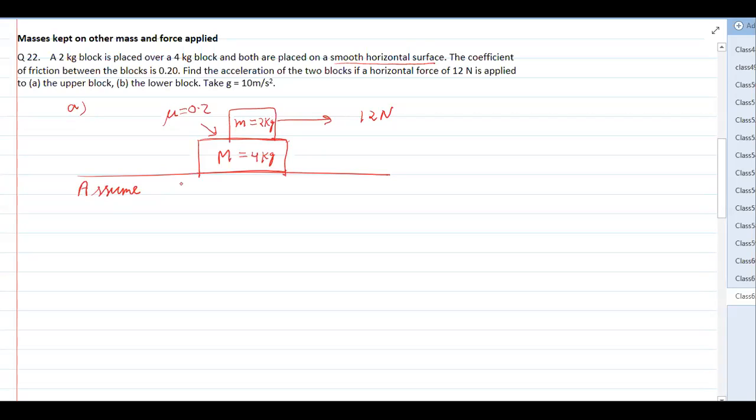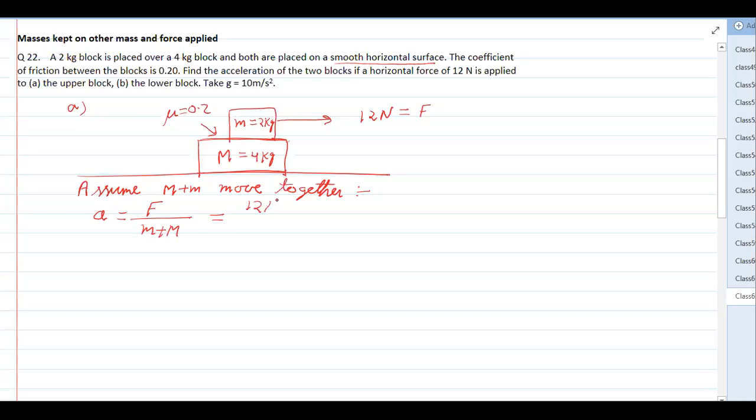Assume capital M plus small m move together. If they move together, what will be the acceleration? The acceleration will be F by M plus m.